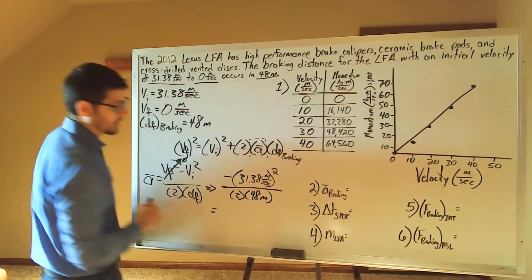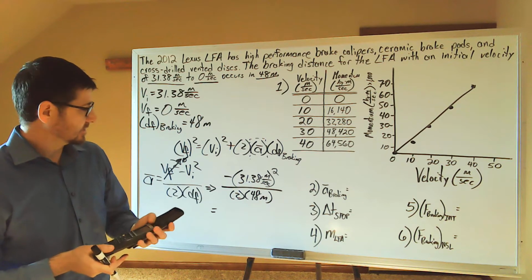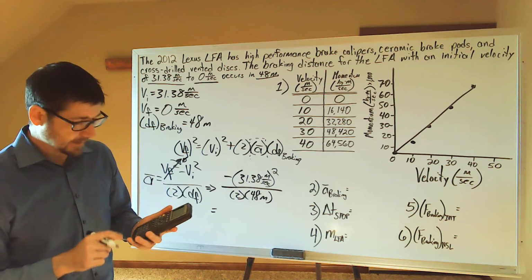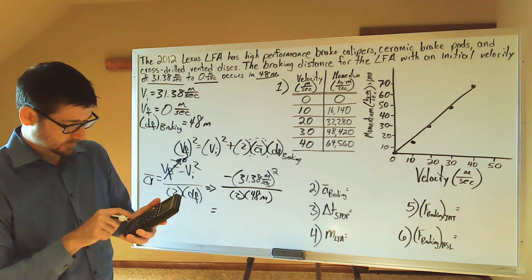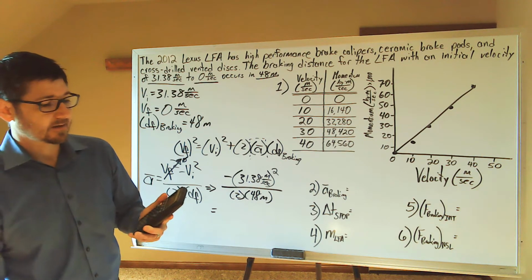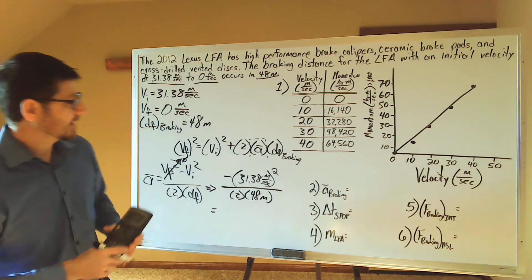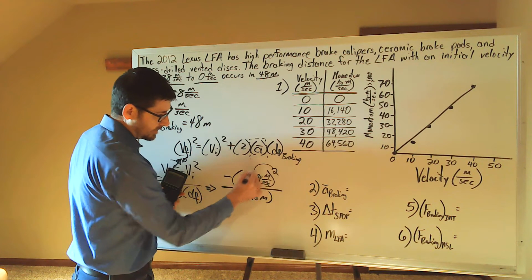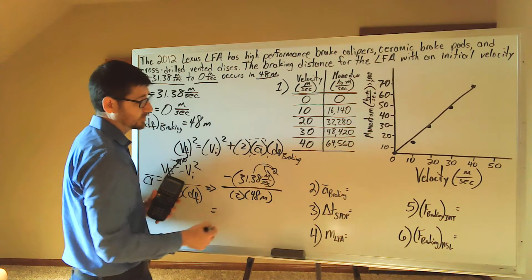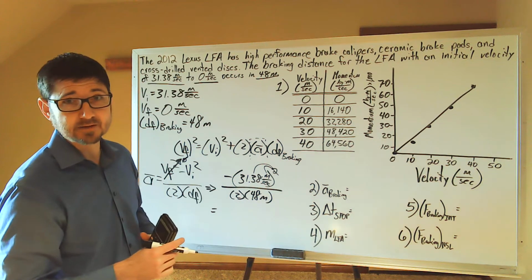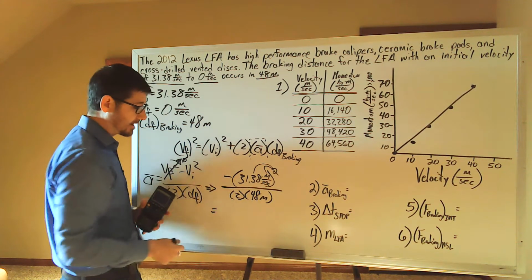In our numerator, let's go ahead and take out our calculators. 31.38 meters per second squared gives me 984.704. And remember, not only are we squaring the numerical value, we're also required to square the unit, and we also have to apply a negative to this value.